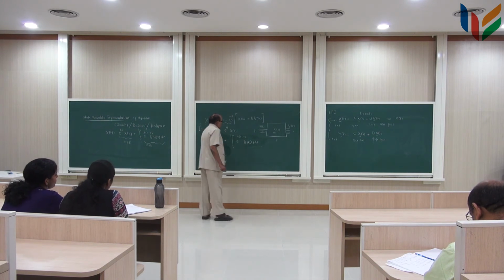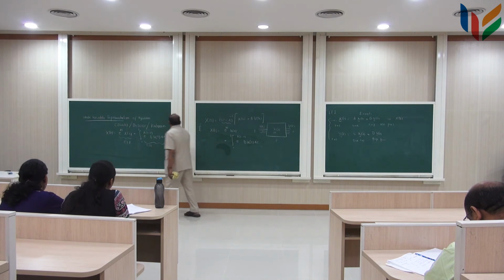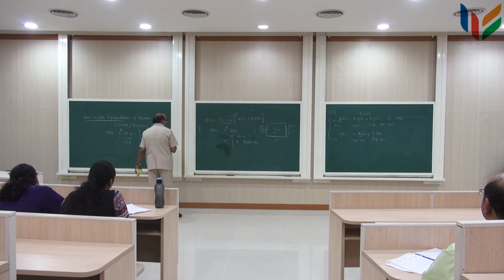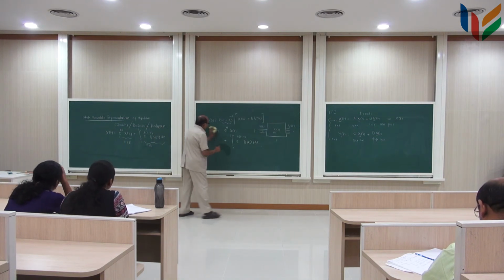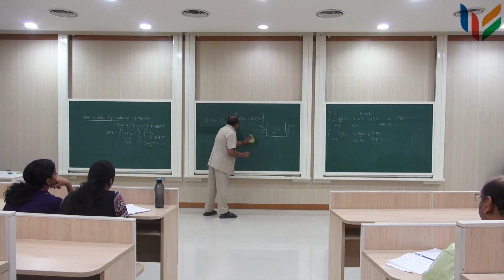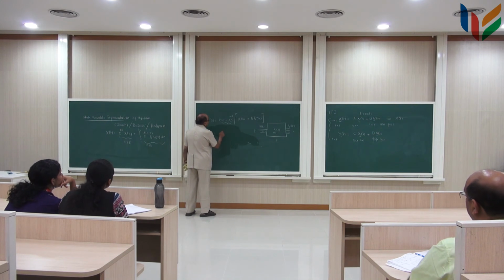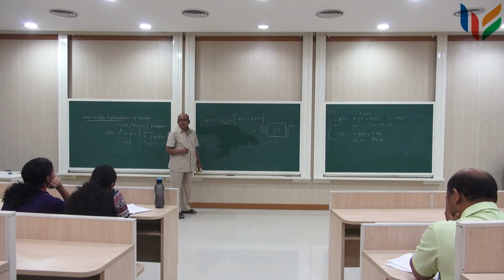Okay. Then e to the power of at, one way of doing it is to find out. So, e to the power of at, can I erase this now? Okay. So, this x of s is equal to, what is S I minus a inverse equal to?